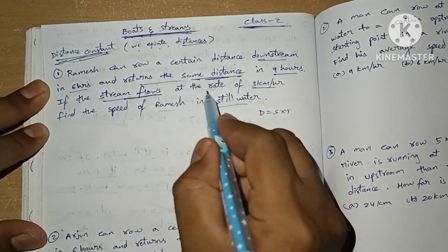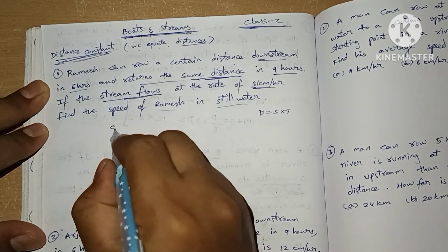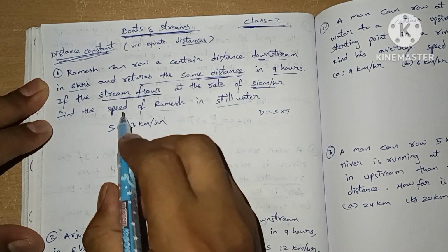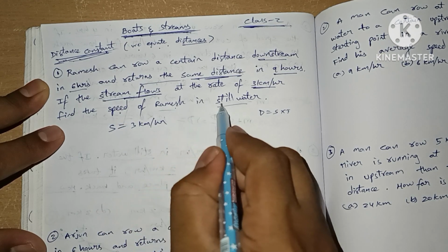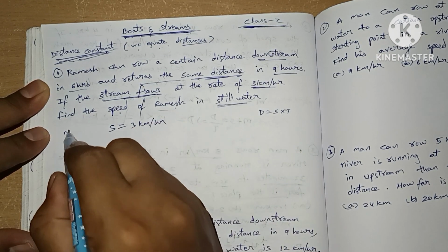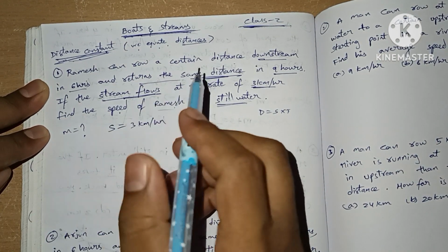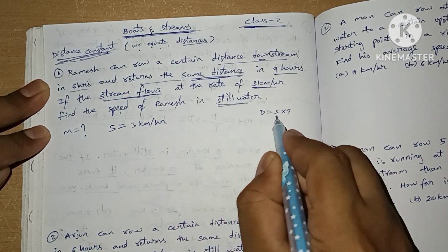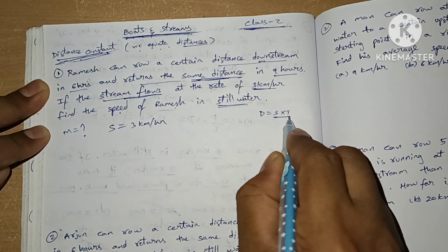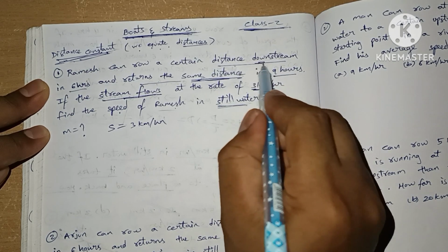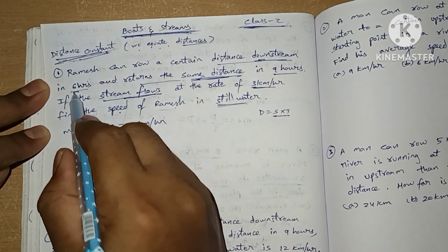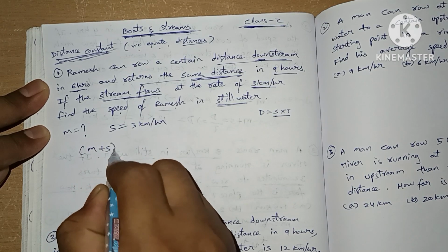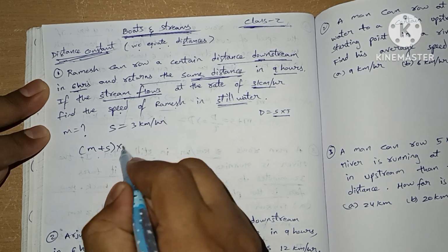Here the stream speed S is given as 3 kilometers per hour. What we need to find is the speed of Ramesh in still water, that is, the value of M. Here the distances are the same, and distance equals speed into time. Downstream speed is M plus S, into 6.